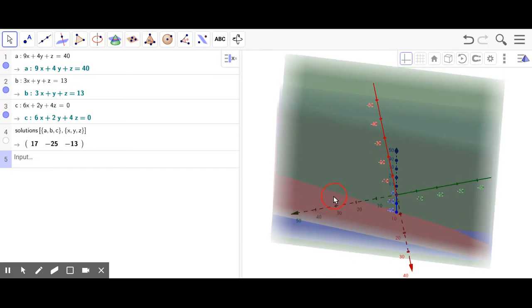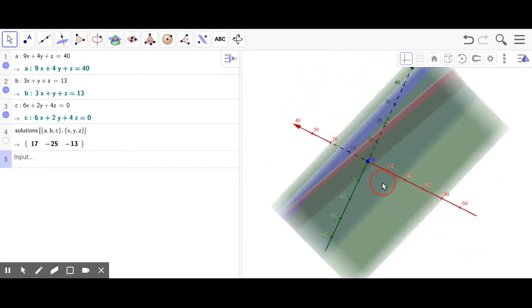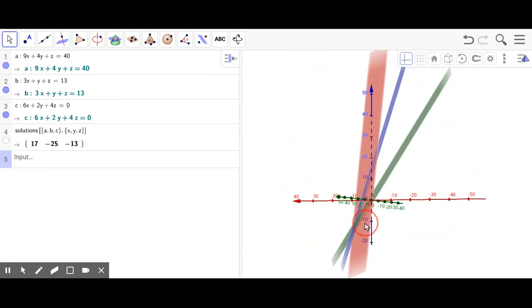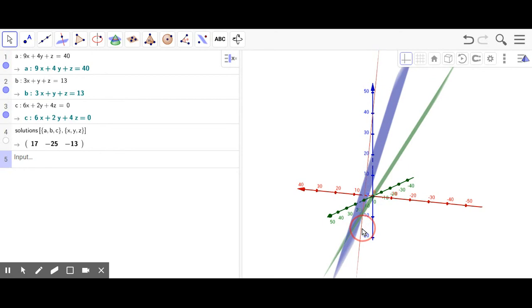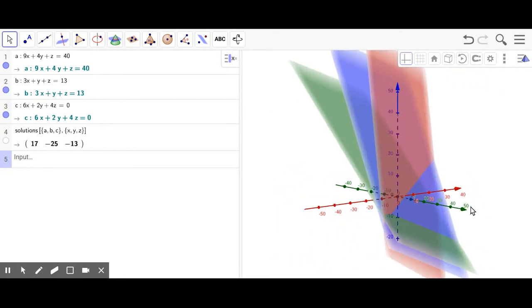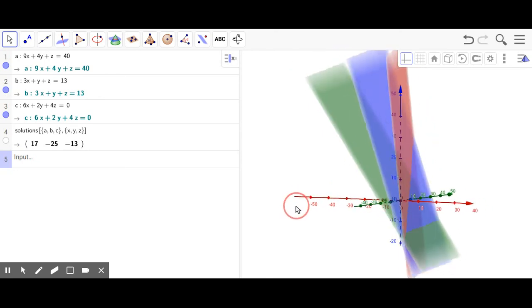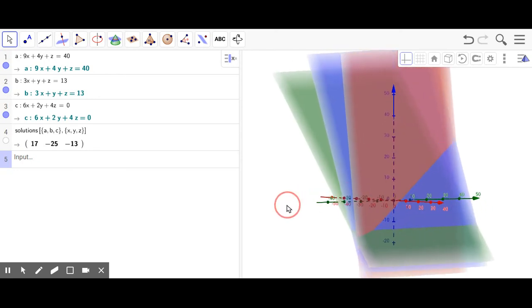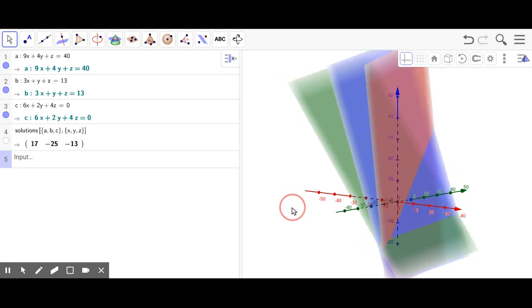So you can see that they intersect at a point down in there. So the point they intersect is this point in here. So that is where they intersect.